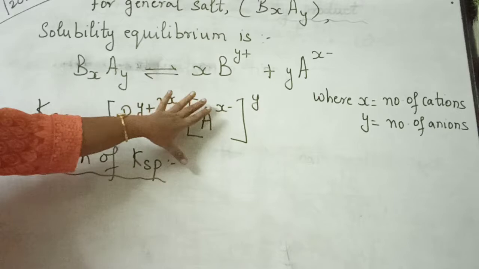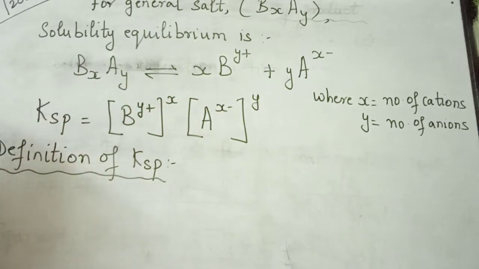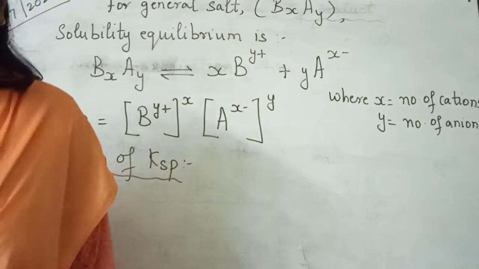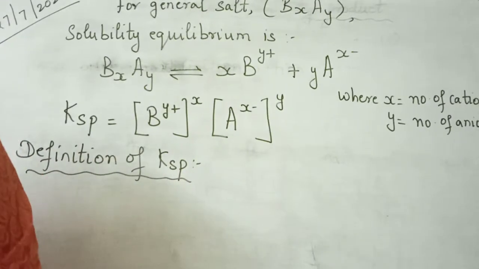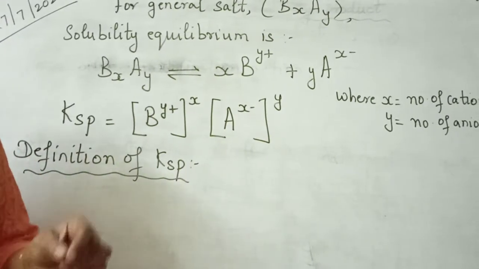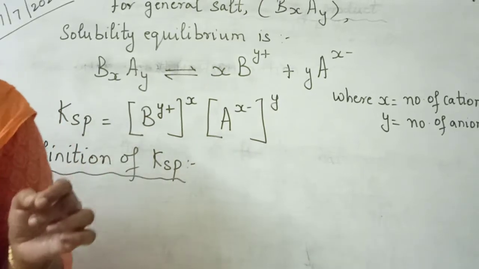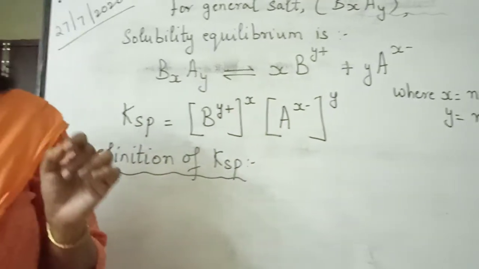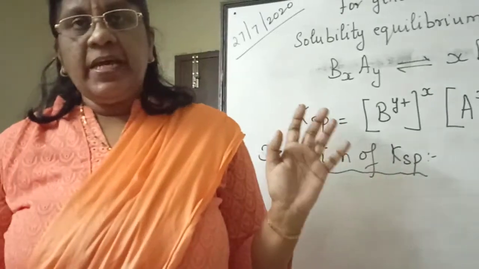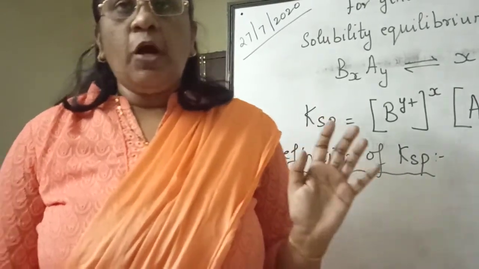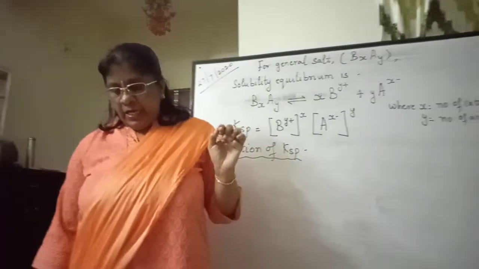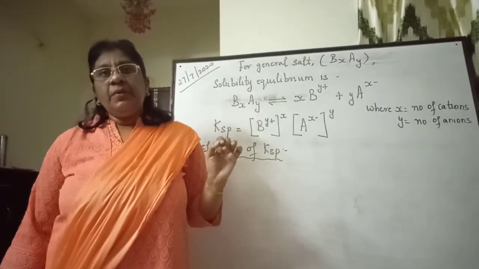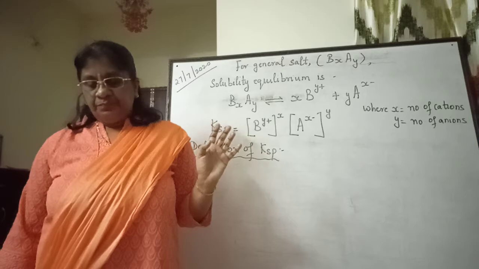The definition of ionic product and solubility product is almost the same. There is only one difference: the ionic product of an electrolyte contains concentration of ions under any particular condition, whereas the solubility product expression contains only equilibrium concentration.